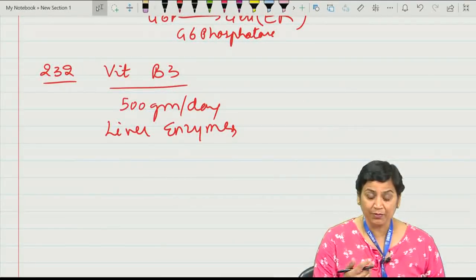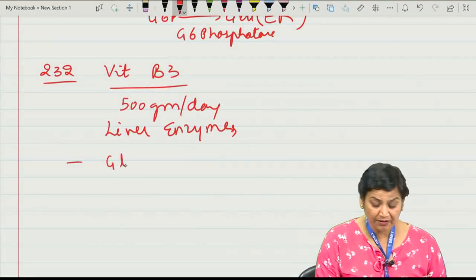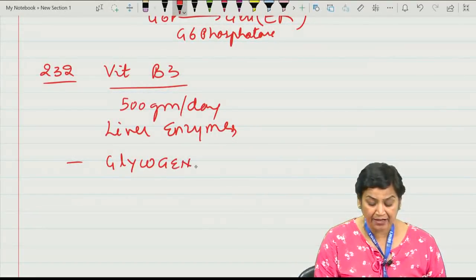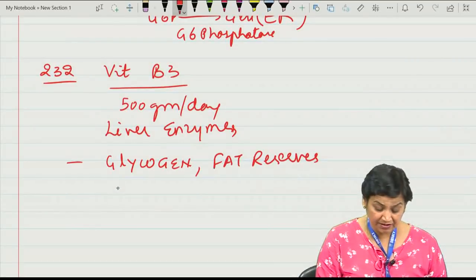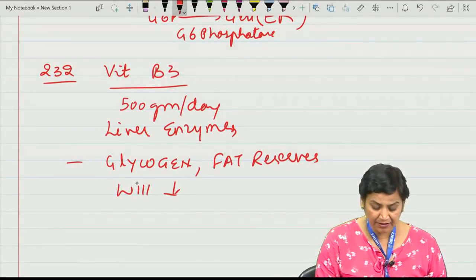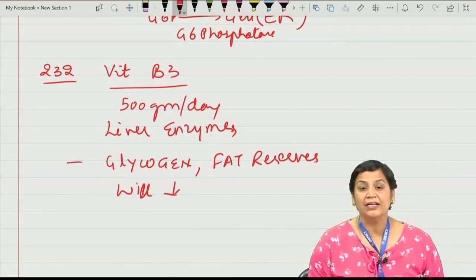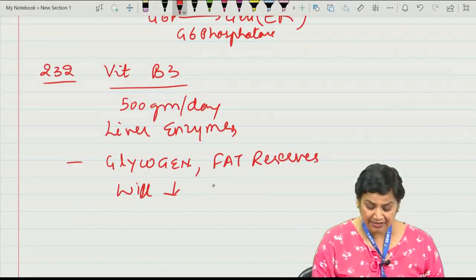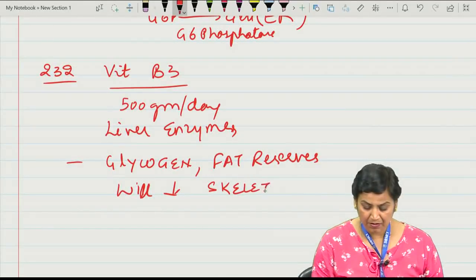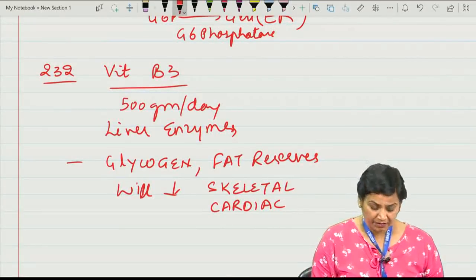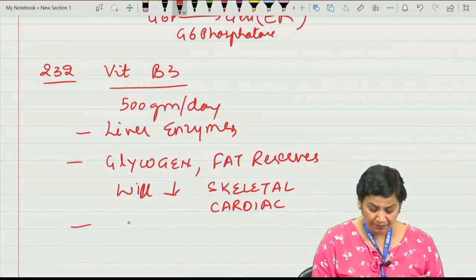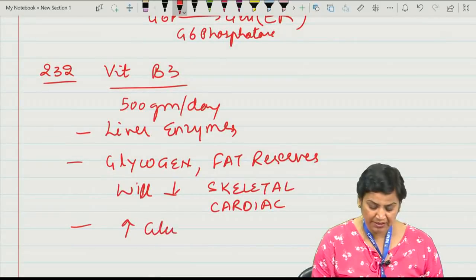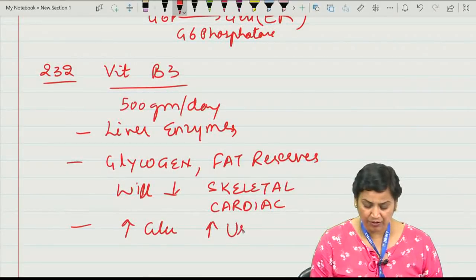Second important point is, in toxicity what happens is that the glycogen and fat reserves will decrease during niacin toxicity in the skeletal muscle and the cardiac muscle. Third important point about niacin toxicity is there will be increased concentration of glucose and increased concentration of uric acid.